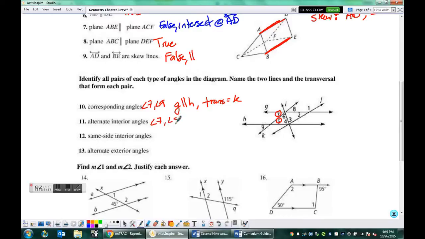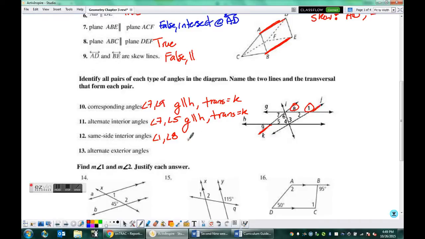Next one, for alternate interior angles, I'm going to do 7 and 5. Again, I've got G is parallel to H, and the line that they share was K, so the transversal is K. The next one here, same side interior angles, looks like 8 and 1.